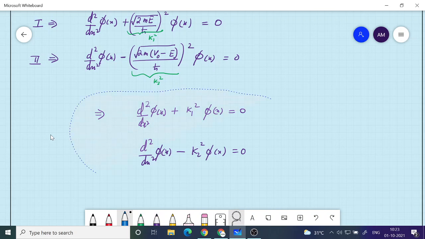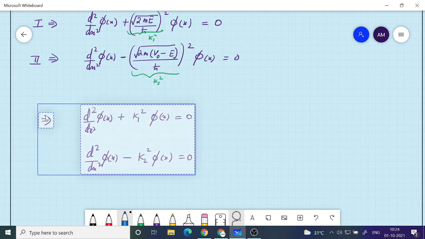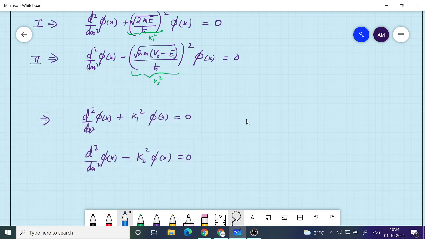Now we have this equation. What is the solution of this equation? How to solve this equation? For region 1 we have one equation, region 2 we have another one. So what is the trial solution that we can take? If you are familiar with this type of equation, the first equation we have already encountered, but the second equation we have not done with the minus sign.